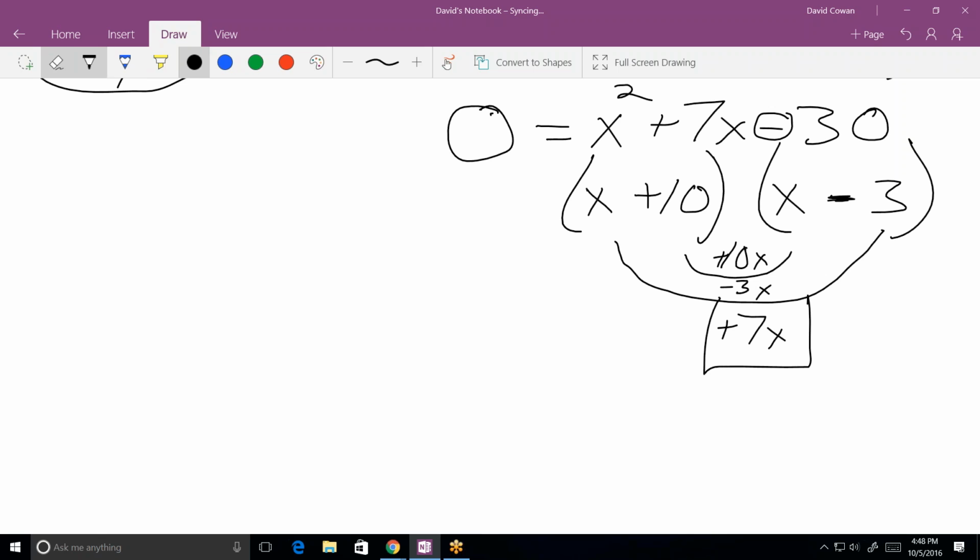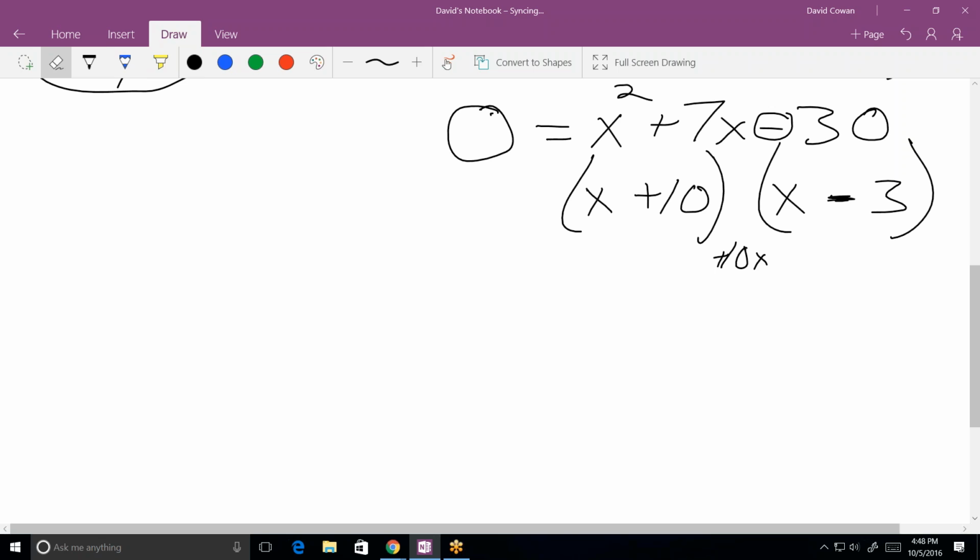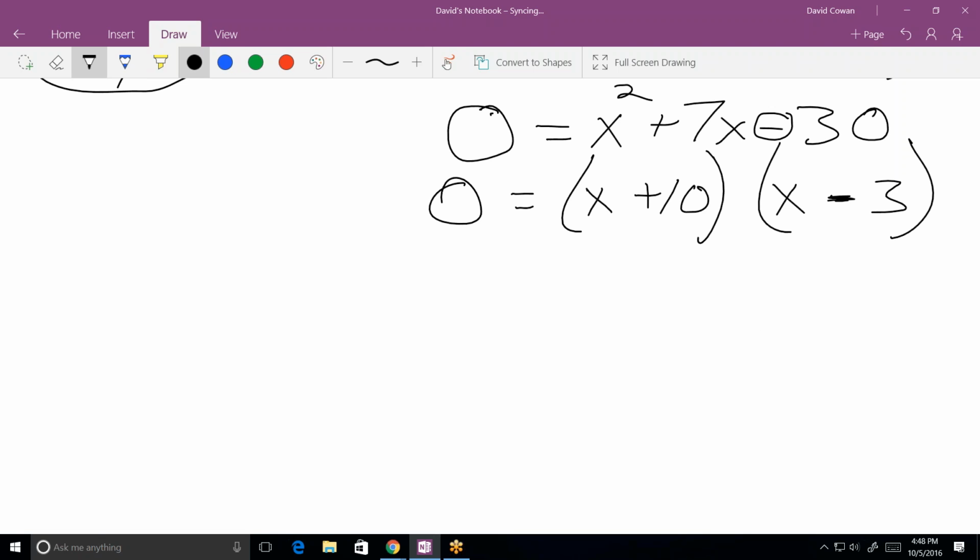Now, what's the answer? In other words, they want you to solve for x. So what's the next step? This is all equal to 0.